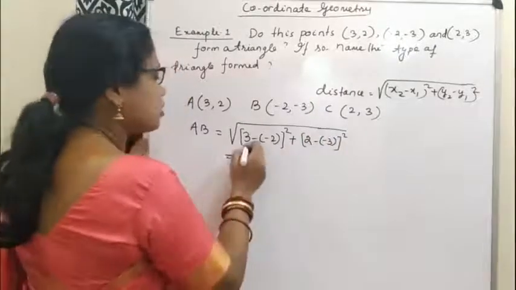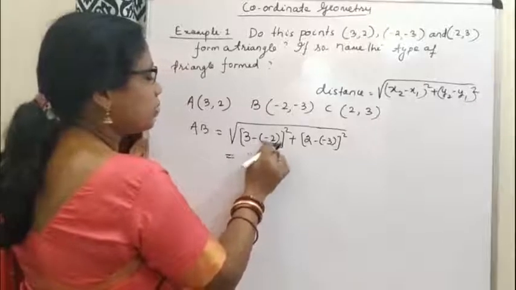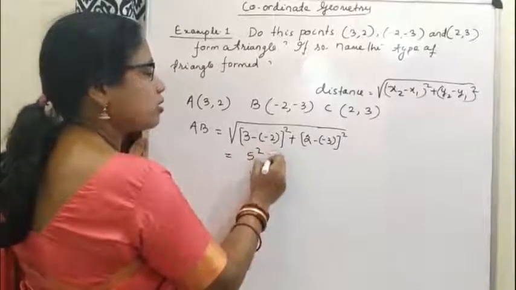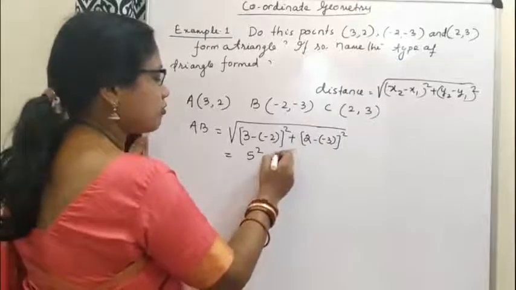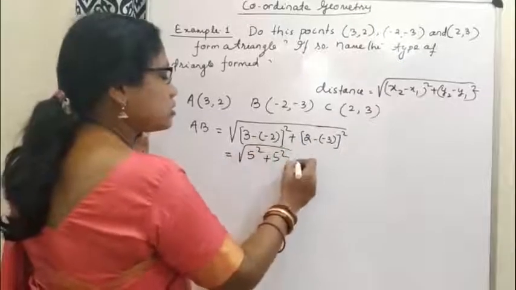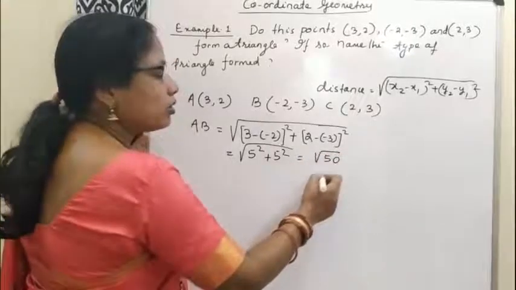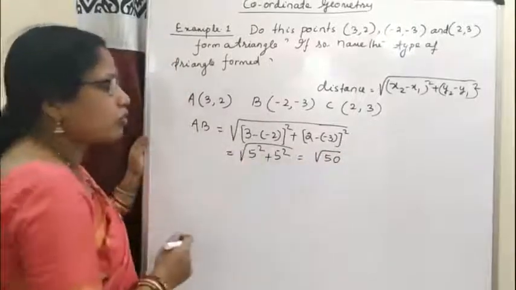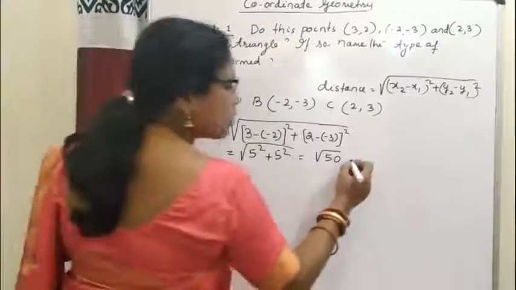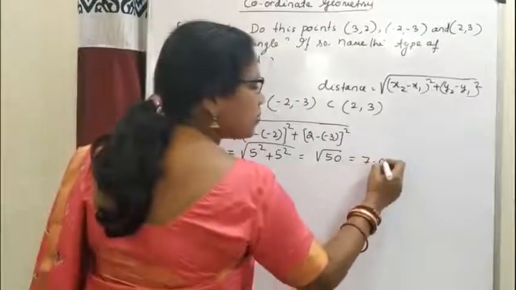So this is equal to 3 plus 2, 5 square, plus 2 plus 3, 5 square. So this is equal to 25 plus 25, which is root over 50, square root of 50. So this is approximately 7.07.